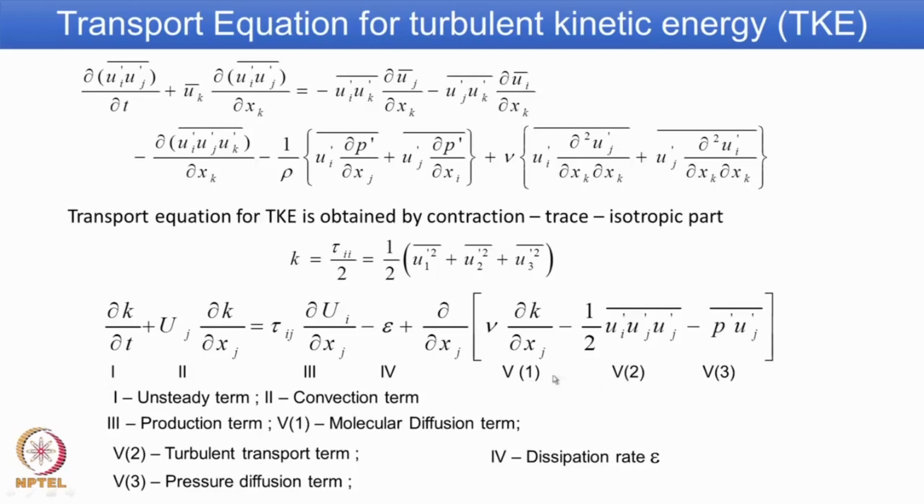Then the fifth term, there are 3 terms. The first term is because of the molecular viscosity, hence it is called the molecular diffusion term. In the second term we have turbulent fluctuating quantities, and we can interpret u_j' as an agent responsible for transporting this turbulent stress.